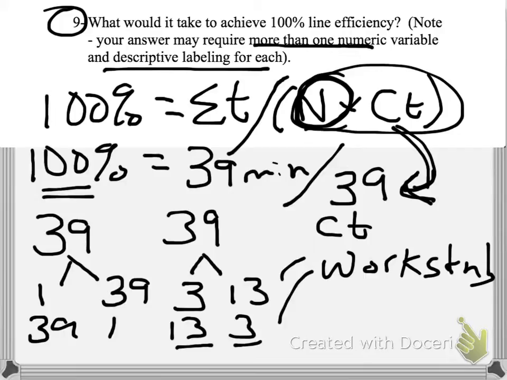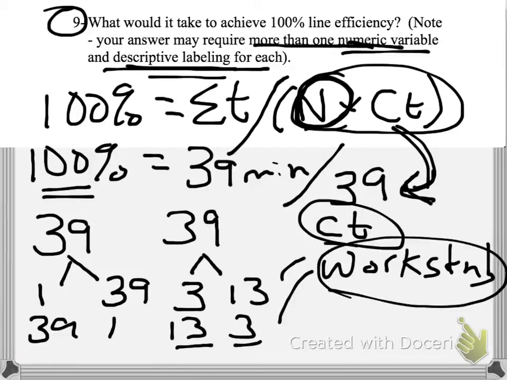Either direction would have worked, and in picking both those numeric values and the descriptive labeling of cycle time and workstations, would accomplish a 100% line efficiency. Those were the only numbers available on our answer sheet that would have worked for the factors of 39.